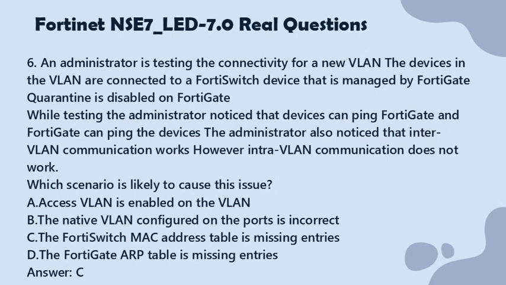Which scenario is likely to cause this issue? A. Access VLAN is enabled on the VLAN. B. The native VLAN configured on the ports is incorrect. C. The FortiSwitch MAC address table is missing entries. D. The FortiGate ARP table is missing entries. Answer: C.